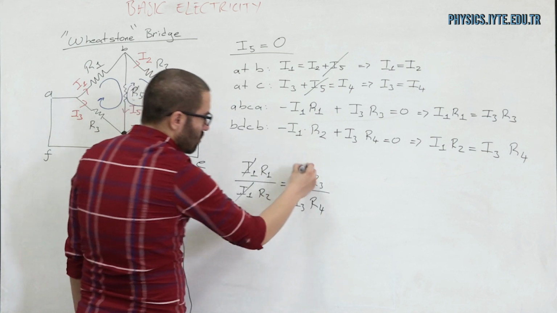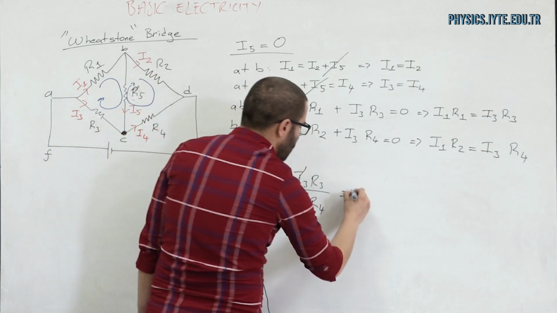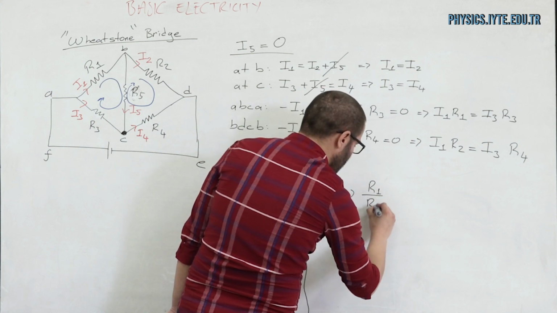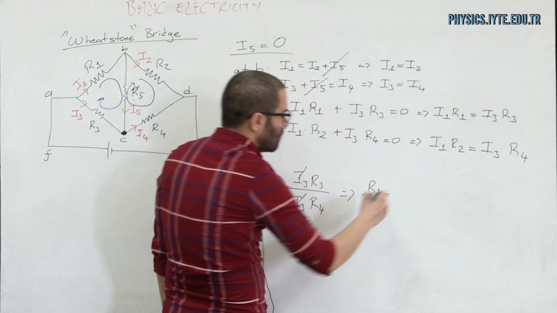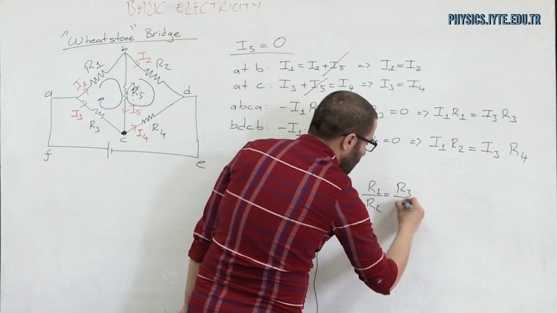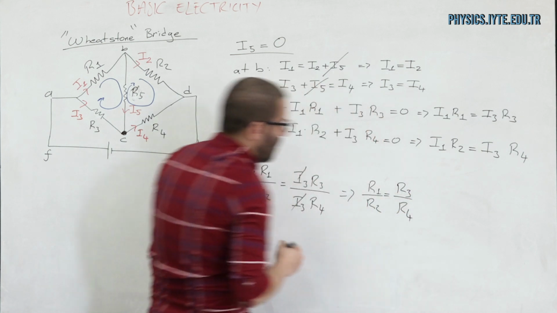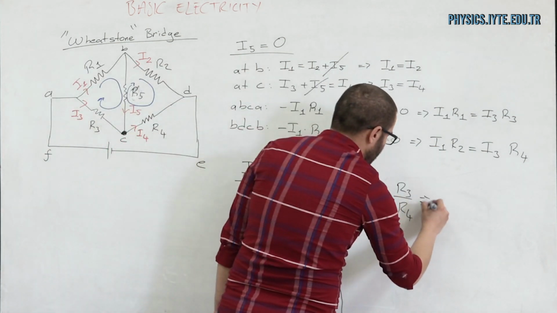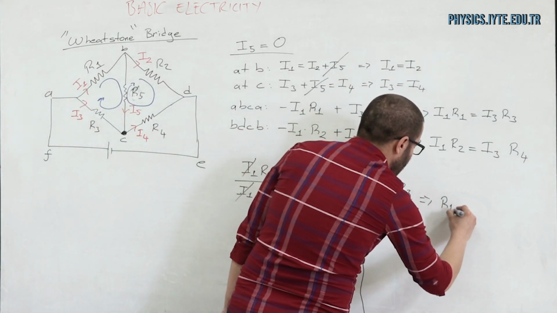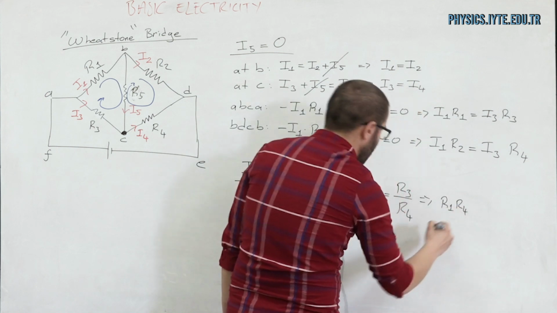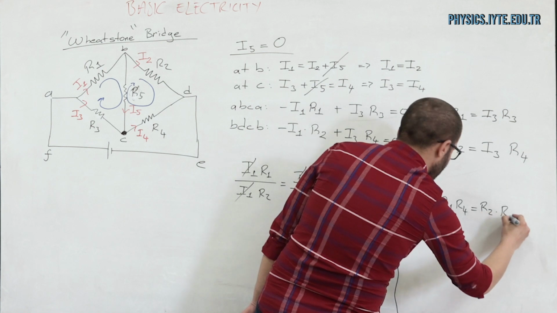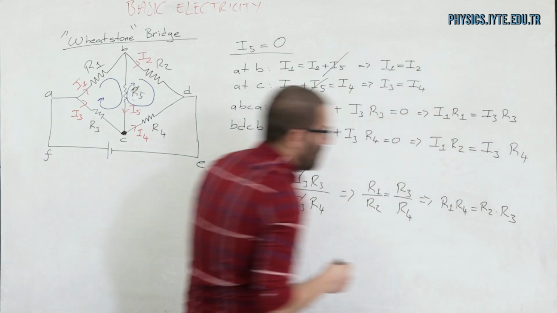I1s cancel out, I3s cancel out, I have R1 over R2, which is equal to R3 over R4. Or I can write this like this, R1 times R4 is equal to R2 times R3.